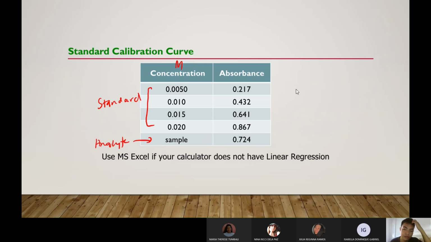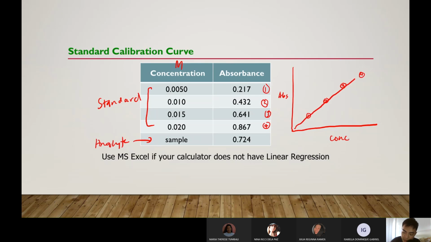Okay? So what we can do here is to plot this. Ipa-plot mo yan. So kunwari, 0.1 dito siya, 0.2 dito siya, 0.3 dito siya, 0.4 dito siya. Okay, so this is the absorbance, this is the concentration. So magli-linear regression ka sa statistics.